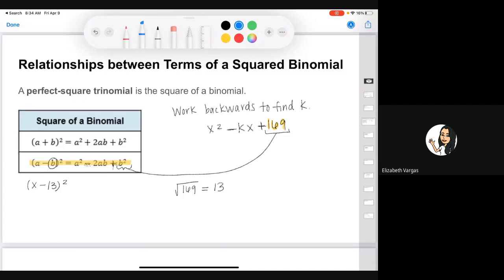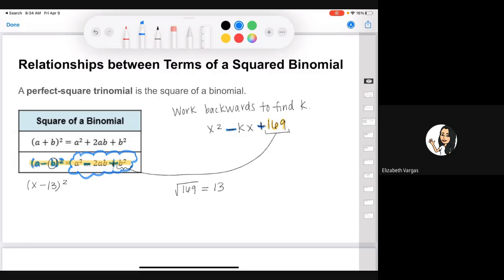So let me just go over that one more time. Because my resulting equation is in the form x squared minus kx plus 169, that should remind me of this right here, where I have a squared plus 2ab plus b squared. This is telling me the relationship I'm going to arrive at from my original completed square.